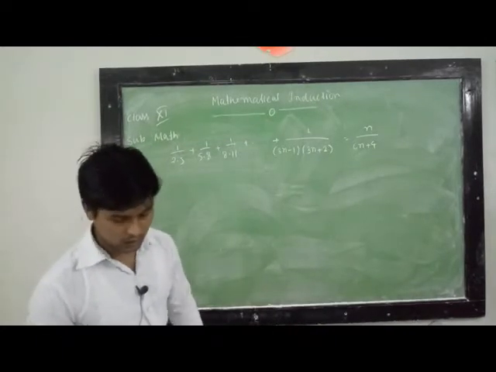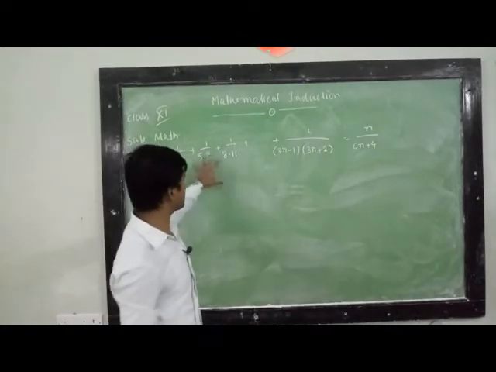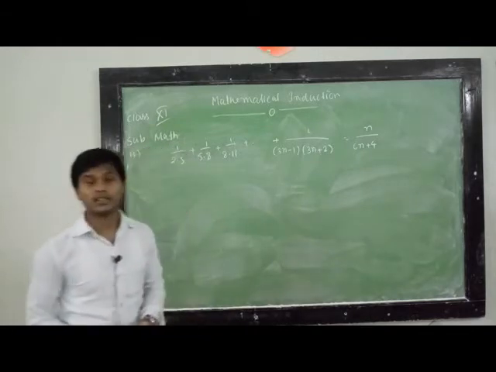We have to prove that the value of this expression is equal to n by 6n plus 4.